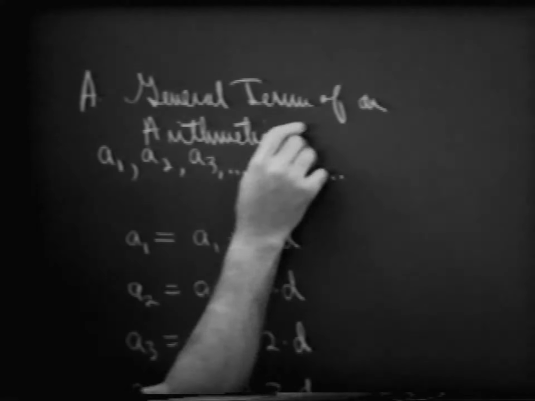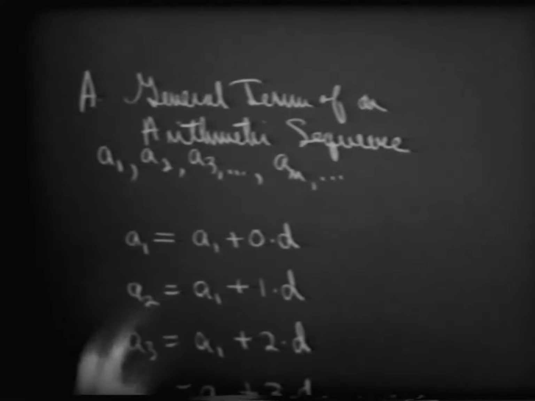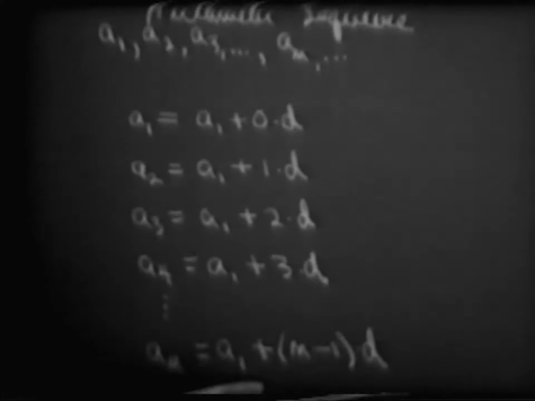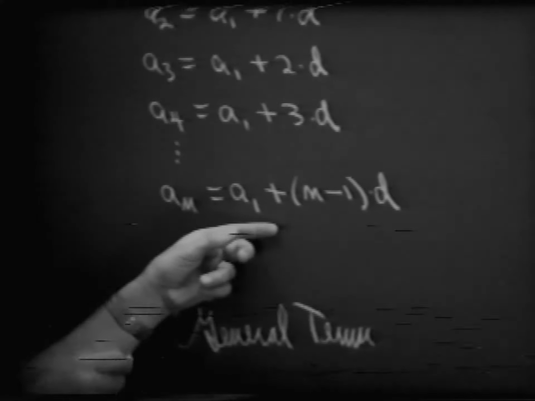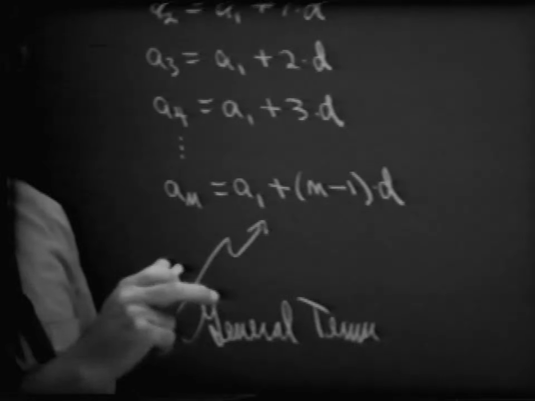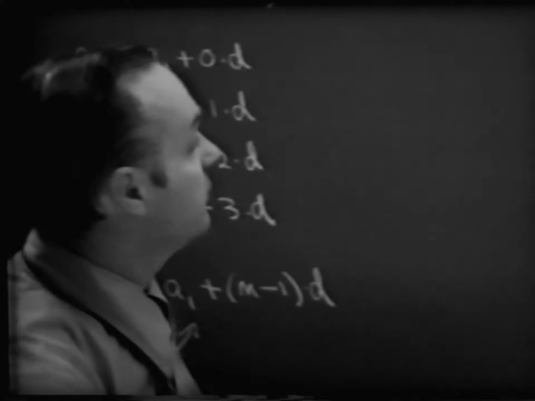Notice that the sequence must be arithmetic in order for us to write down this general term. So a sub n is equal to a sub 1 plus n minus 1 times d, where d is that common difference. Let's look at a number of examples which will help reinforce this formula.